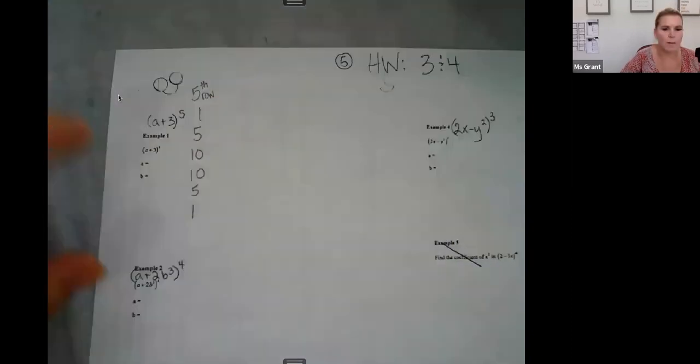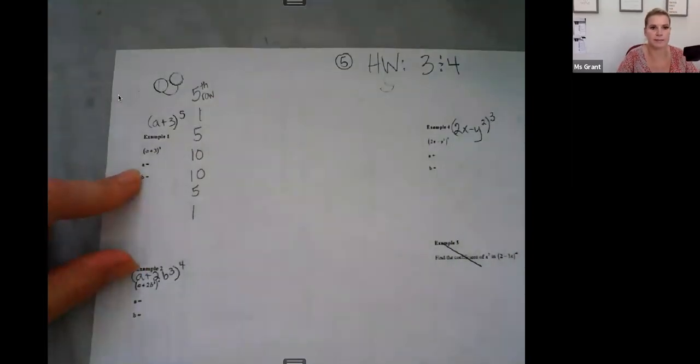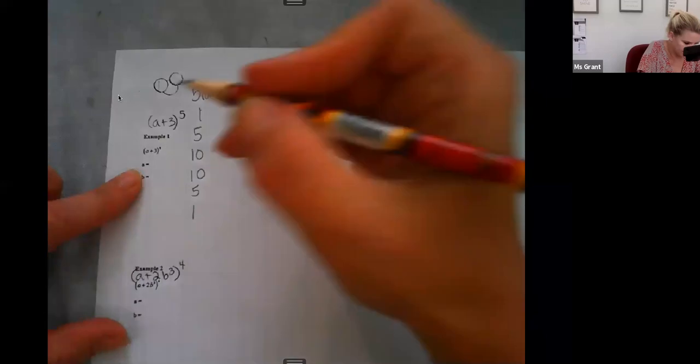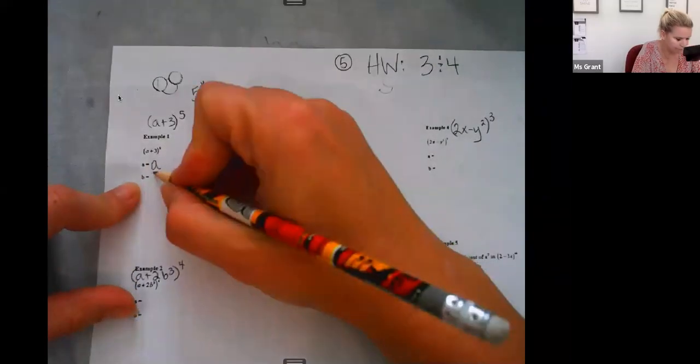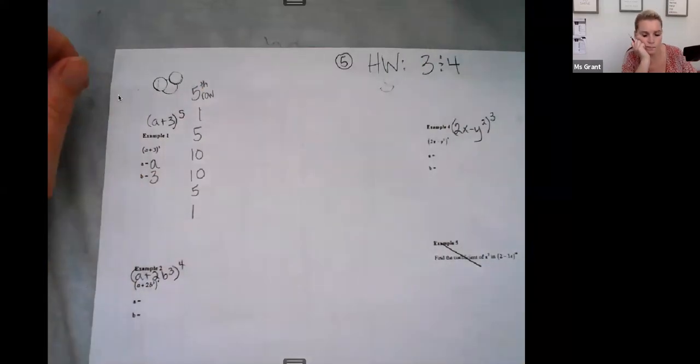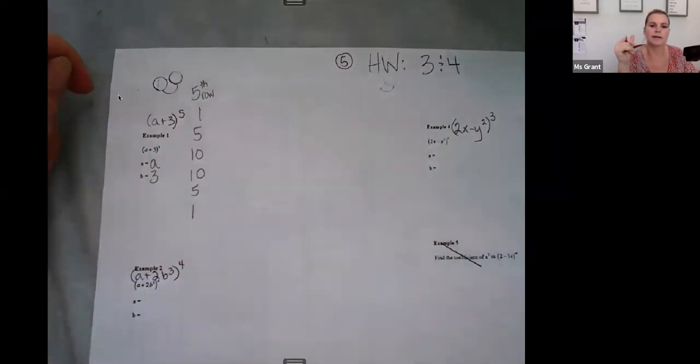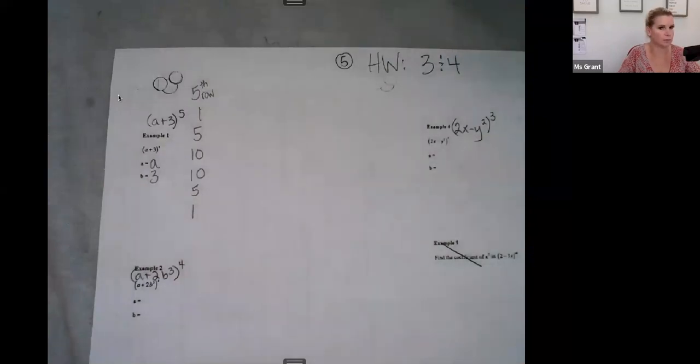Now let's talk about what my first number is in my parentheses. A is actually just A. My B is going to be 3. So it kind of looks like it's going to be a chart, but we're going to end up using that to multiply and get our polynomial.